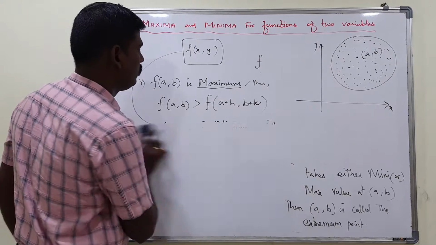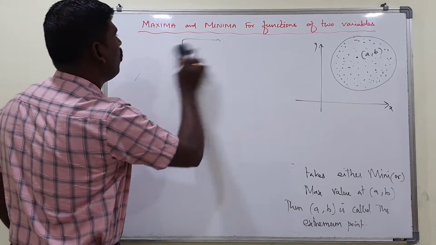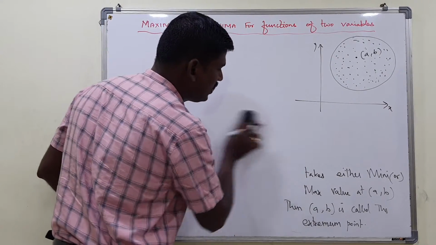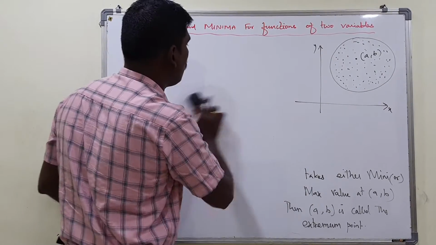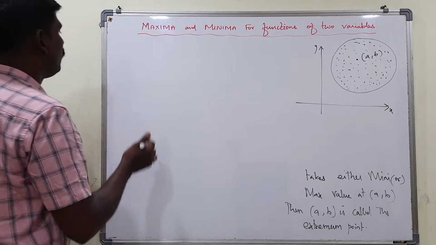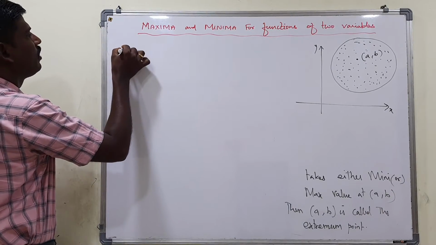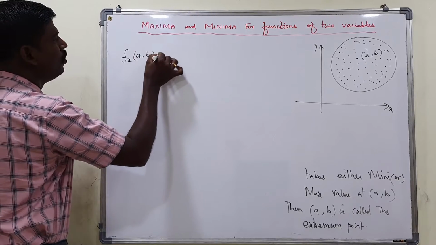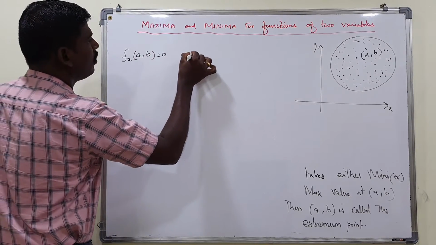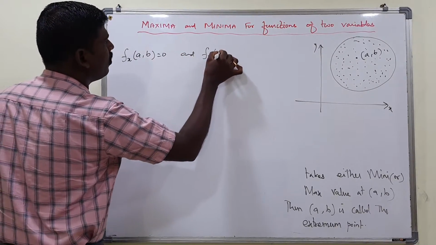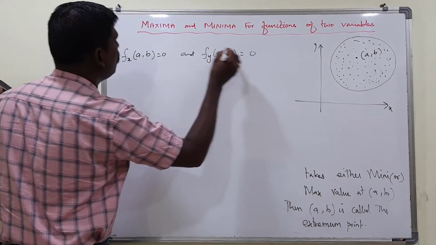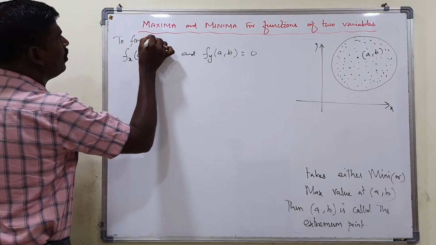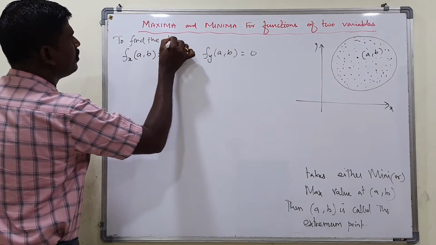Next one. What are the necessary and sufficient conditions for f to be maximum or minimum? Right? First one, equating fx of a comma b to 0 and fy of a comma b equal to 0 to find the stationary points.